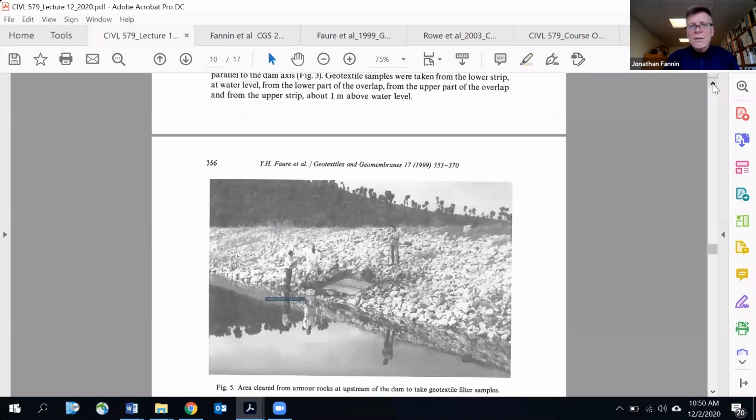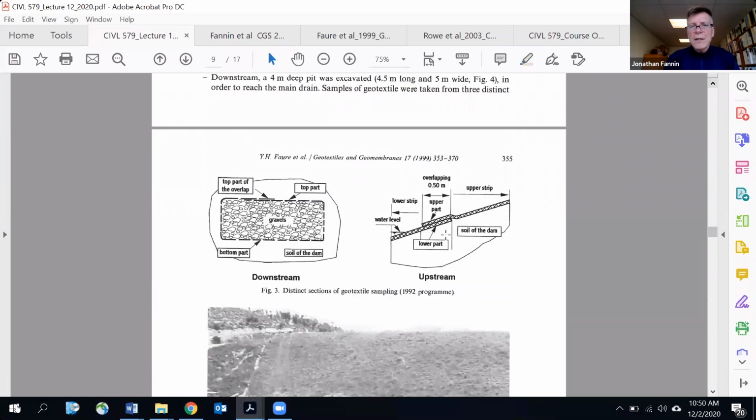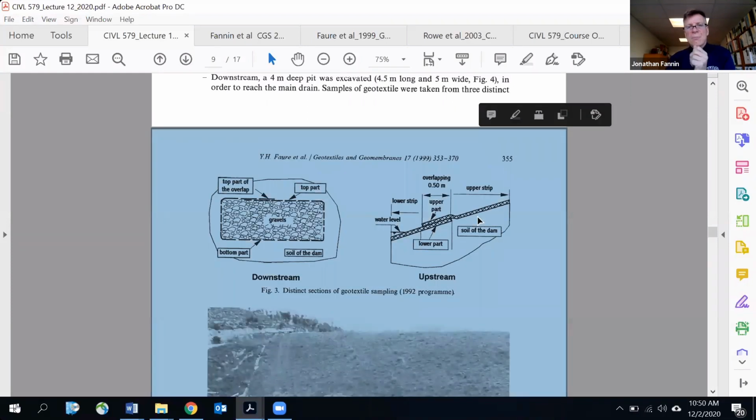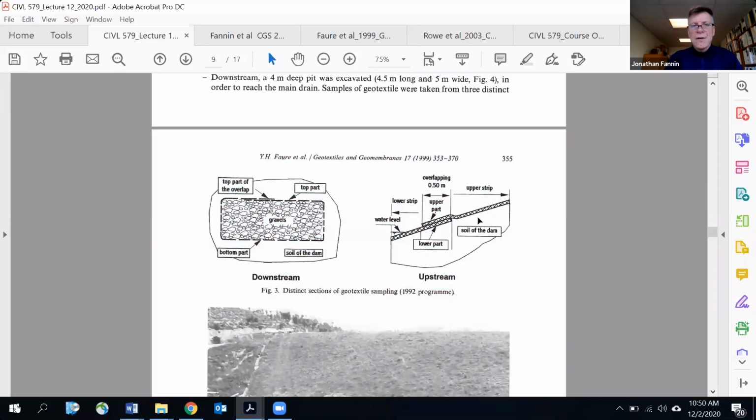And so we've got sampling on the lower strip, on the overlap, upper or lower part of the overlap, and then the upper strip. And that's on the upstream face. On the downstream, where these toe drains are, there's the underside or bottom of this geotextile-wrapped gravel.